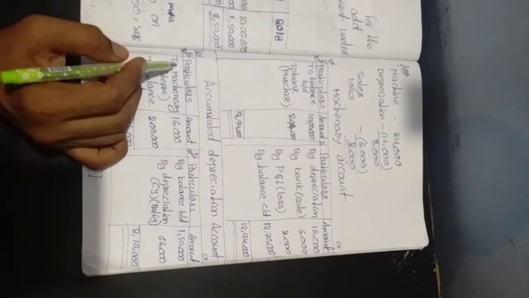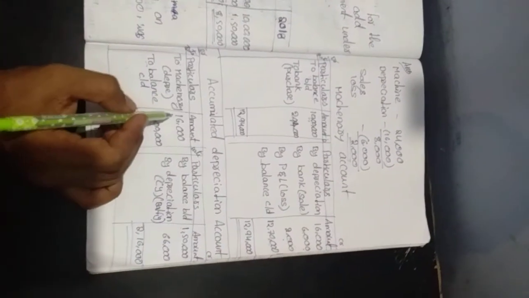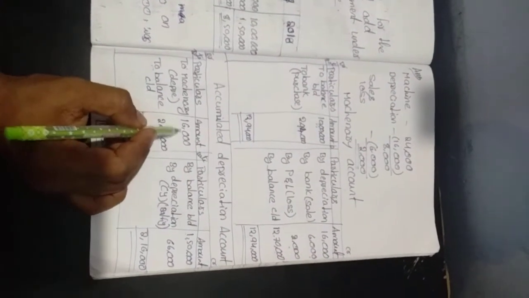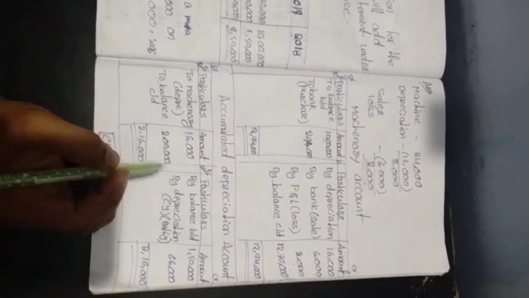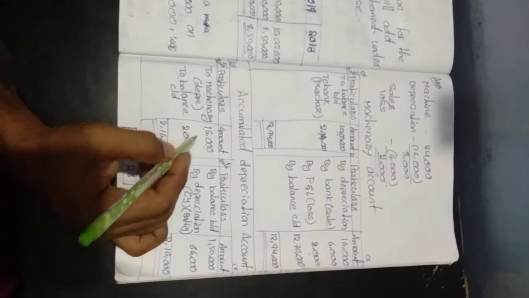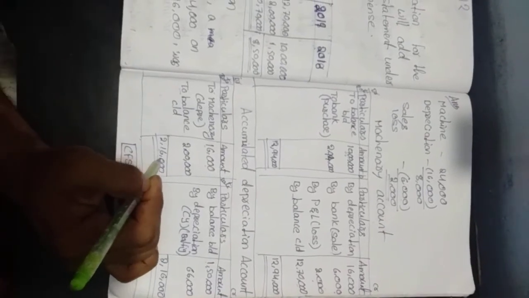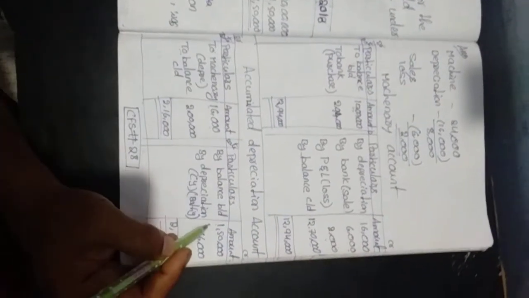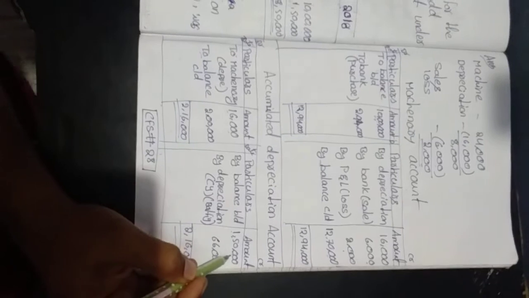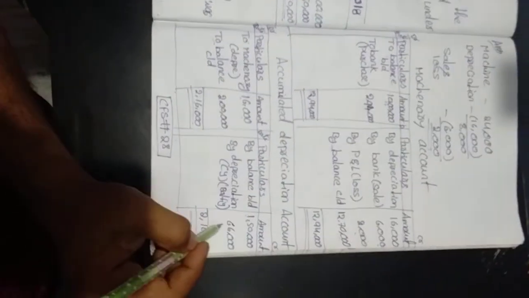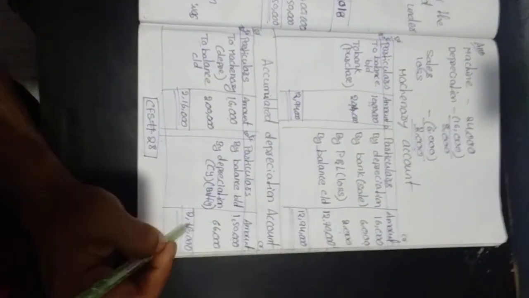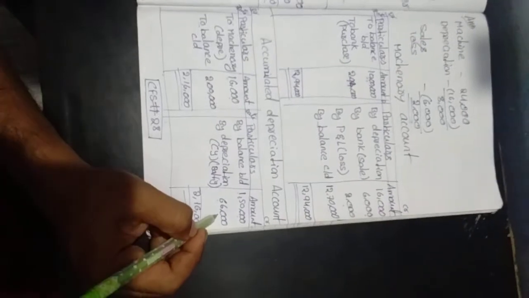Its value, 16,000, we record on the debit side. So we have to take the total amount here, 2,16,000, and here there is only 1,50,000. So we mention the difference here. The difference is 66,000.